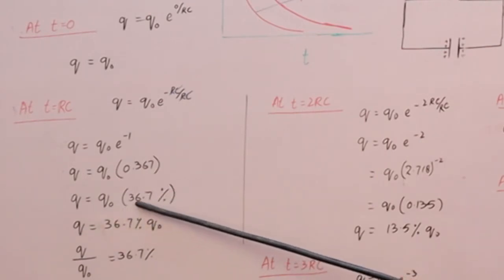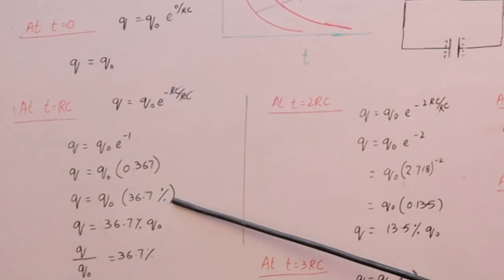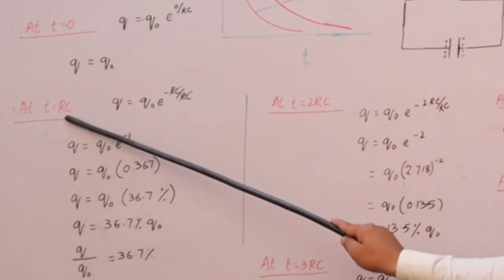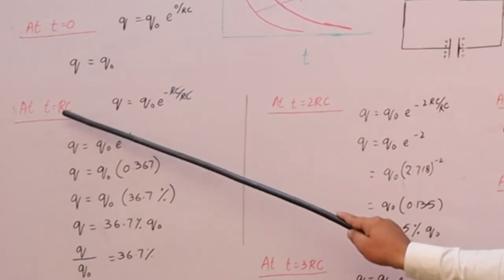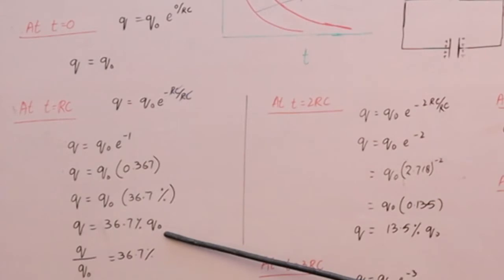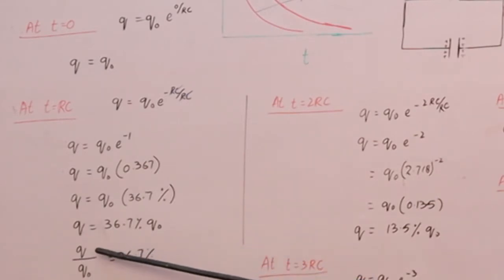So Q equals Q naught into 36.7%. At this time, when one time constant is passed, when one RC is passed, the charge present on the capacitor is 36.7% of maximum charge. And we can also get a question on it, that the ratio of charge present on the capacitor after one time constant to the maximum charge is equal to 36.7%.